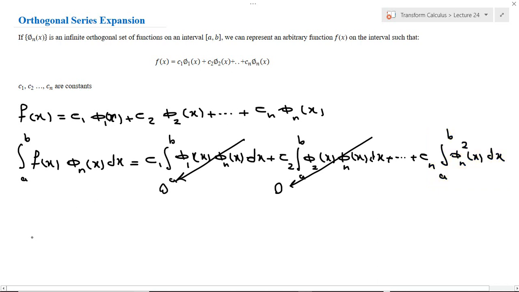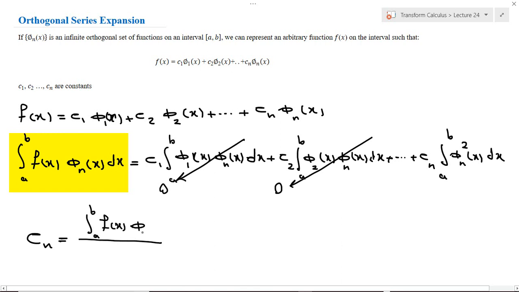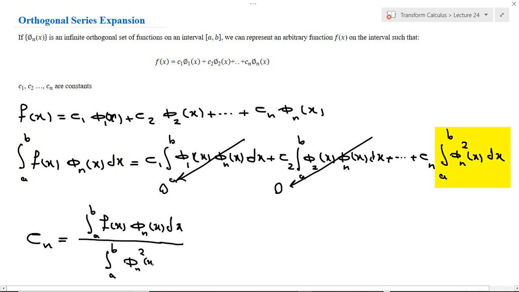As a result, I can say that cn is equal to, on the left hand side of the equation, the integral from a to b f(x) phi n(x) dx, over the integral from a to b phi n squared (x) dx.